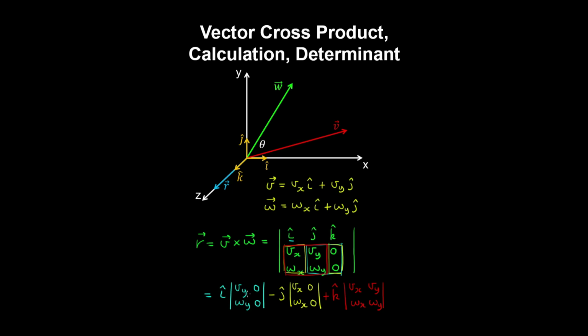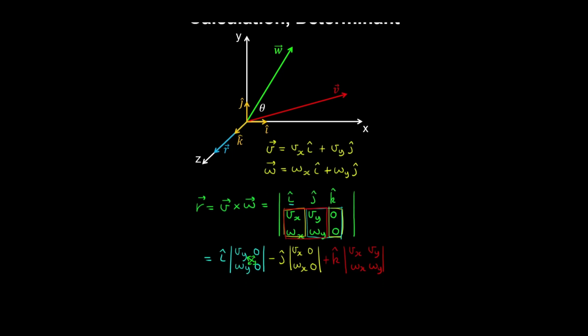So the determinants are calculated by multiplying these two elements and then subtracting the product of these two elements. And that's done for every matrix, which gives the following result.